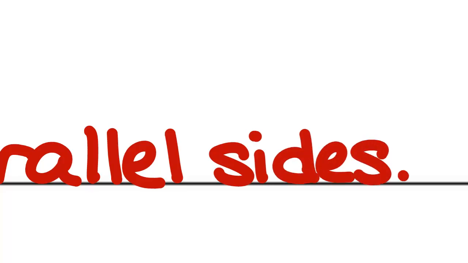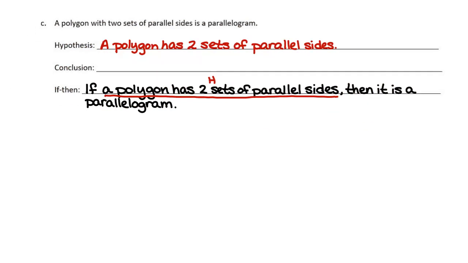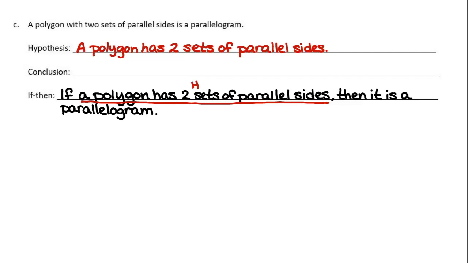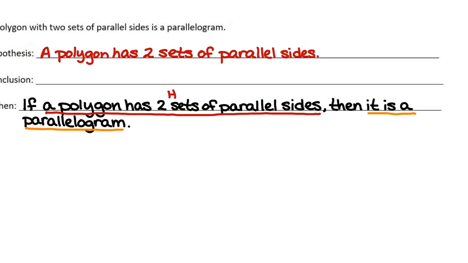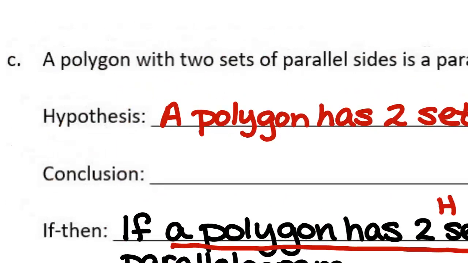Well, if that's my hypothesis, then what is my conclusion? Oh, I love it. The polygon is a parallelogram. A polygon or the polygon, I don't care whether it's a or the.